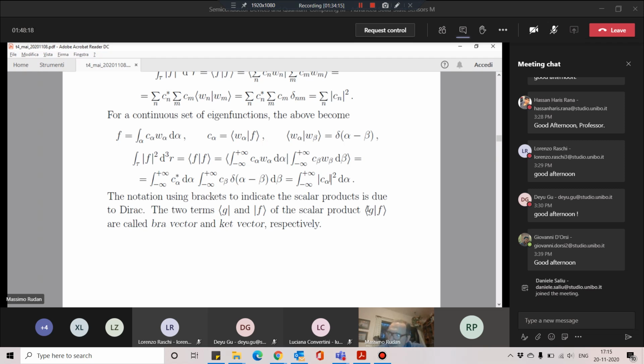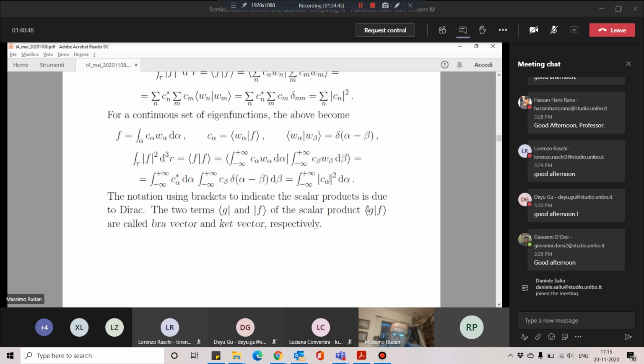Formally, when you have the scalar product of two vectors, the vector that is on the right must be thought of as a column vector, and the vector that is on the left must be thought of as a row vector. We never care about this, but in principle it is so.